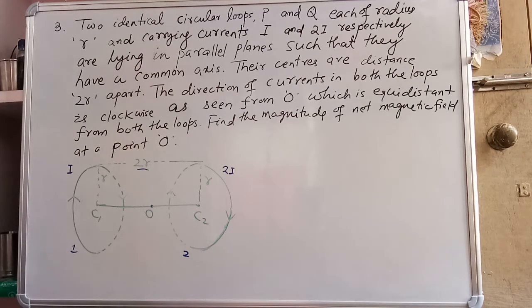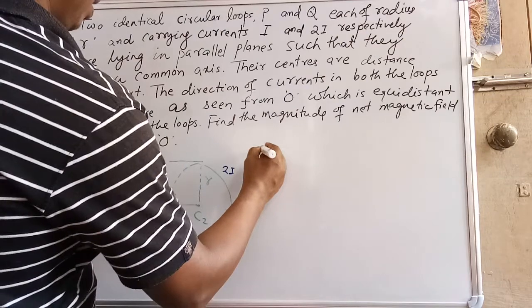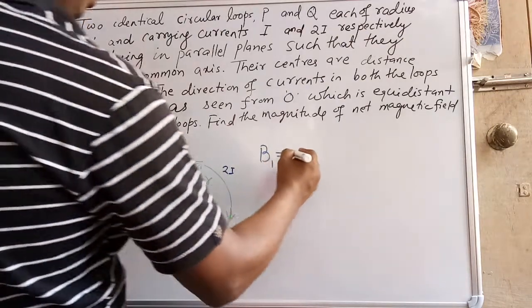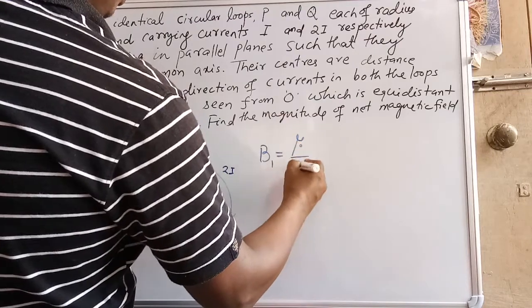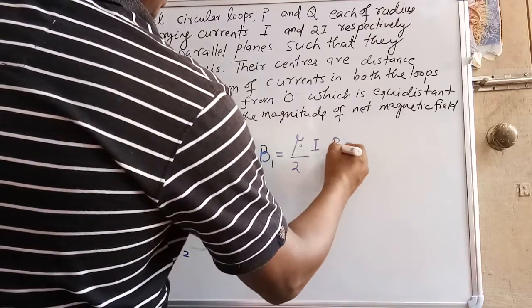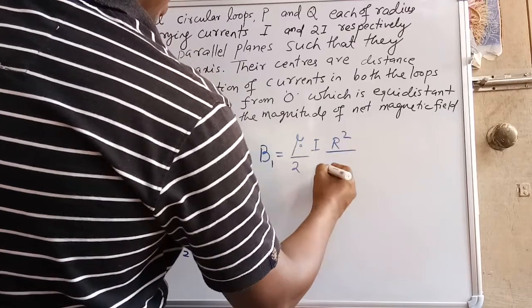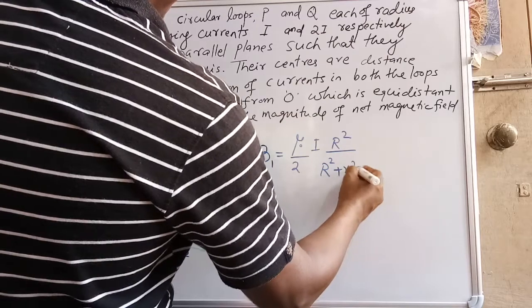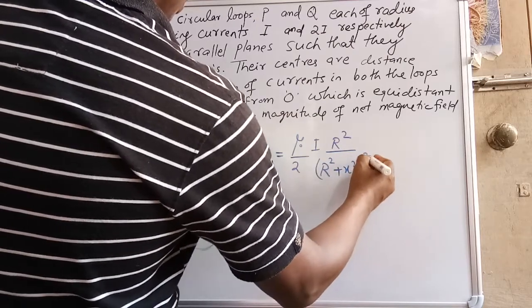So the magnetic field at point O due to this current carrying conductor, we use the formula B1 equals mu naught by 2, I r square upon (r square plus x square) to the power 3 by 2.